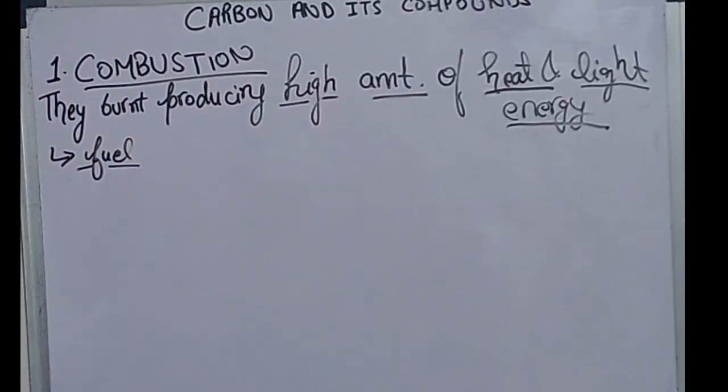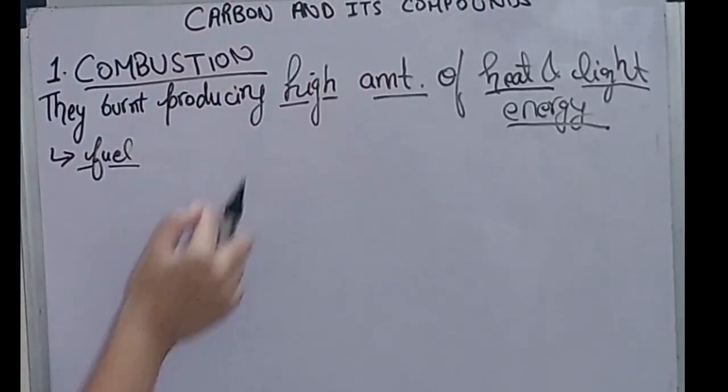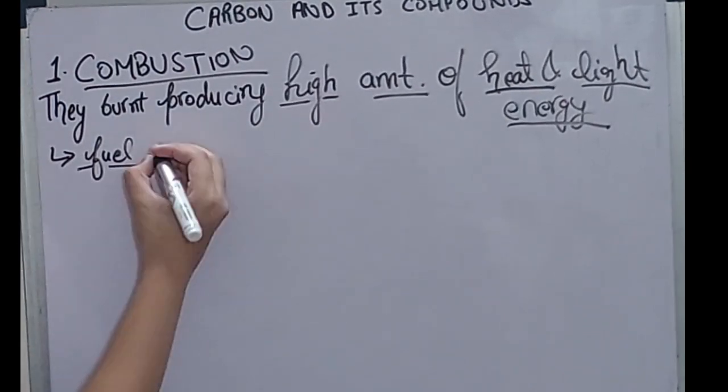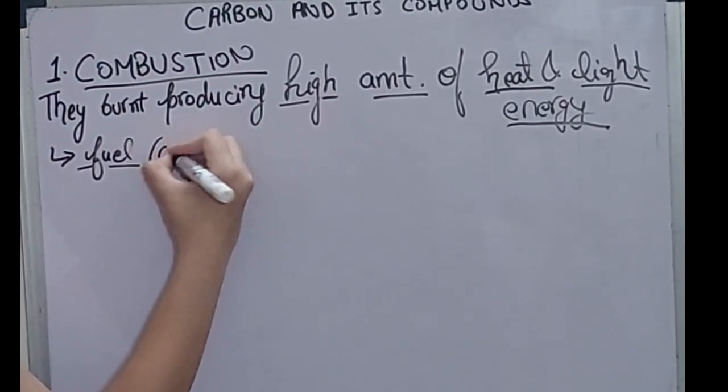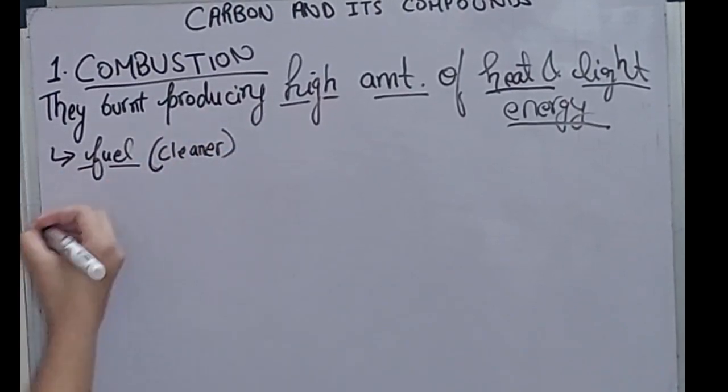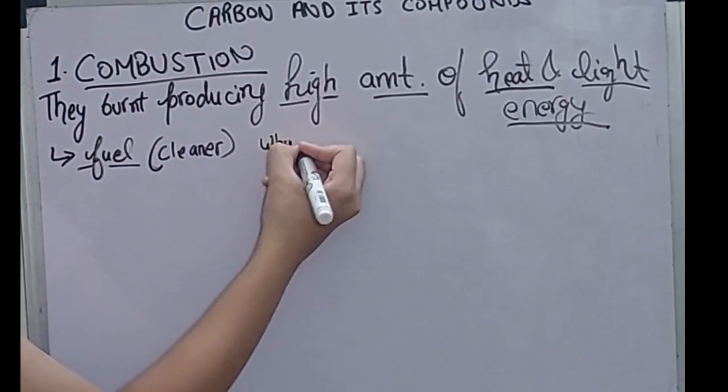A high amount of energy is released, and what do we want from a fuel? Energy. So that's why a large number of carbon compounds are used as fuel. And they are said to be cleaner fuel. Now why cleaner fuel? Can you tell me why?